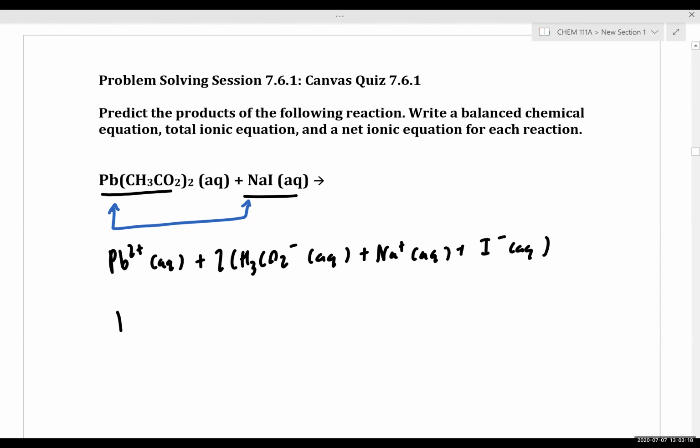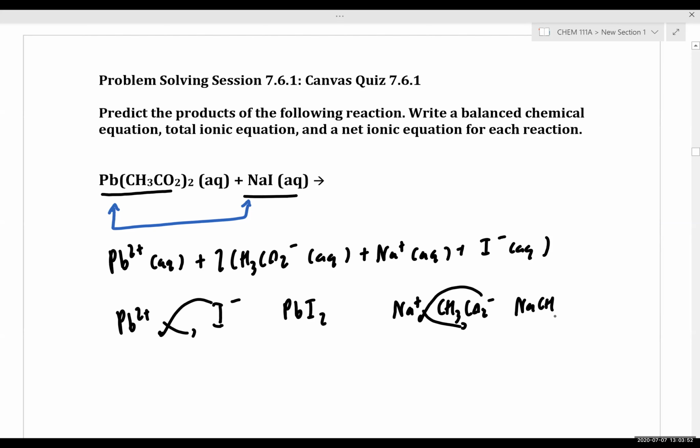Now we can cross and swap our cations. So we'd have lead paired with iodide. We cross our charges, and that in turn gives us lead iodide. Likewise, if we cross sodium plus and acetate, that in turn gives us sodium acetate.